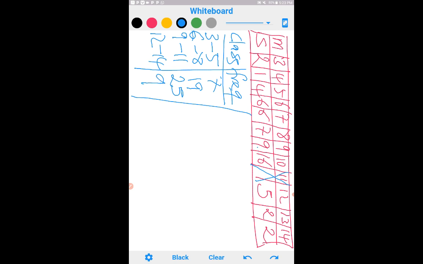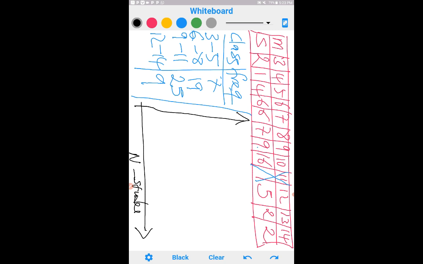Represent the grouped data on a histogram. So the next thing is histogram. This is how a histogram looks like. You draw it like this, then like this. Here you put number of students.